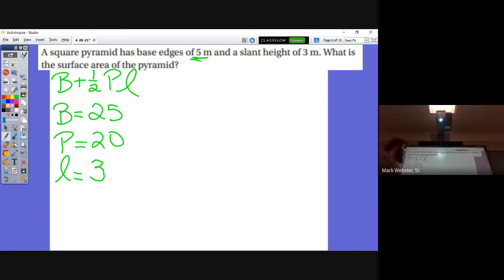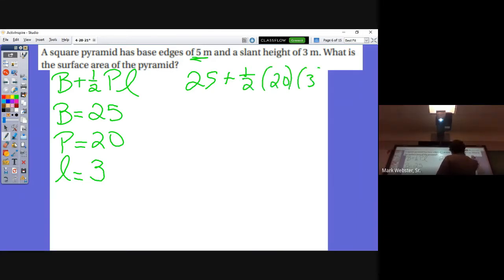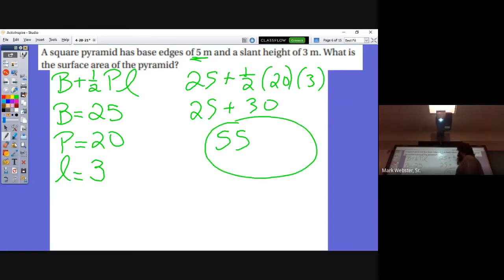So now all we do is put it into the formula. Don't forget your units. Your units here are meters.